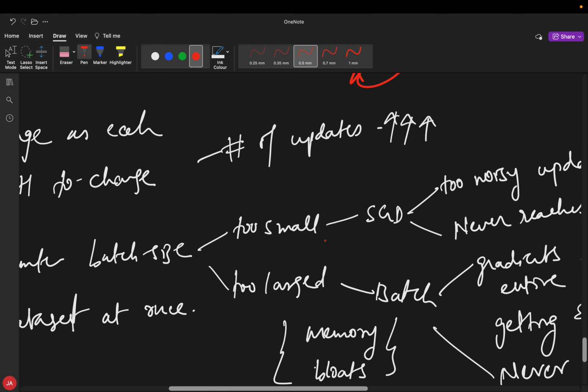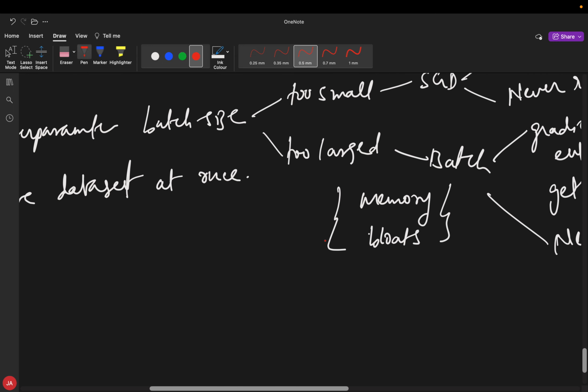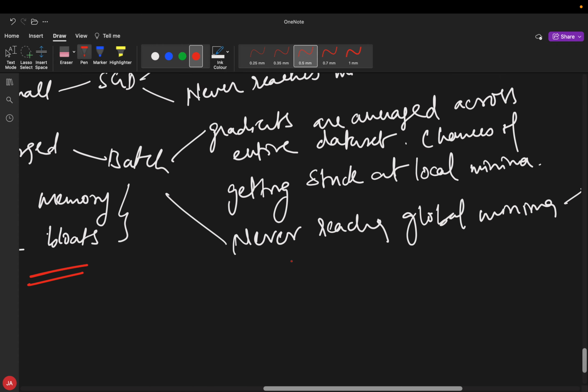So my model gets only one weight update, and if the data set is large, my memory can bloat, or it can explode, or my computer can hang, whatever we call it, right?